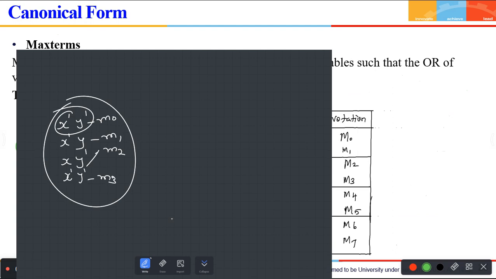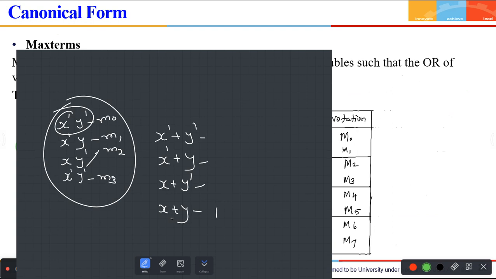It can be say x bar plus y bar, x bar plus y, listen carefully here, x plus y bar, then x plus y, right? See here, these are max terms, but the order is reverse.